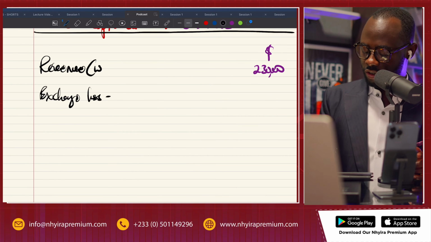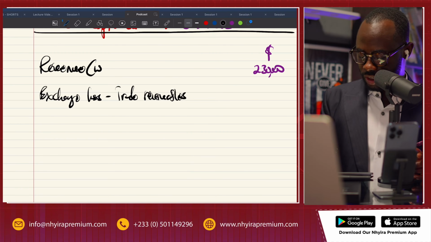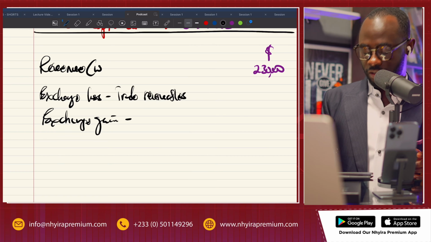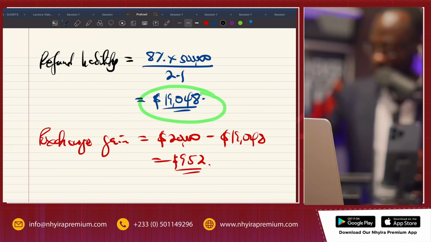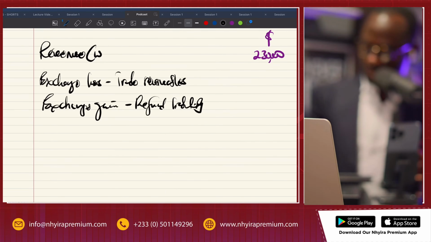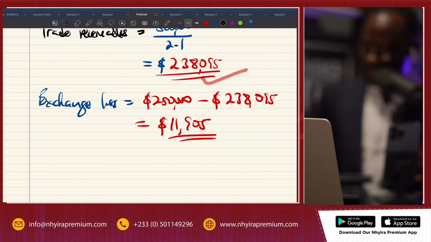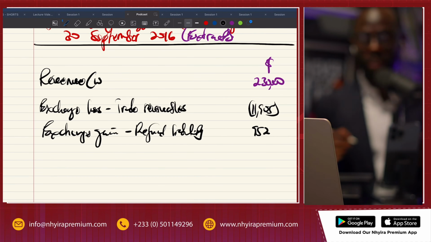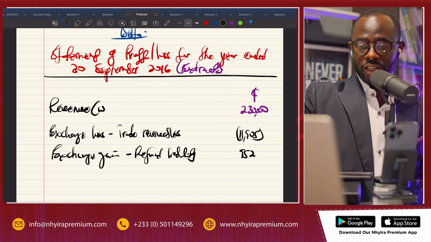So this one was 952 and this one was 11,905. That was a loss, so we put that in brackets. So this is the statement of profit or loss in respect of this particular scenario.